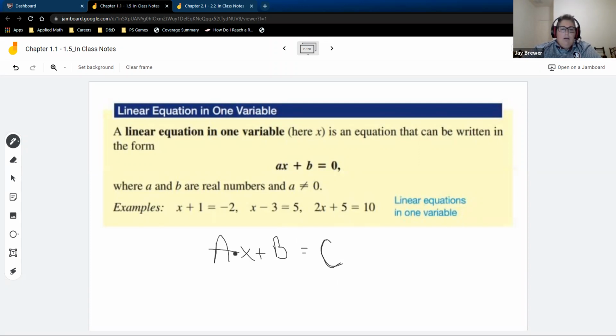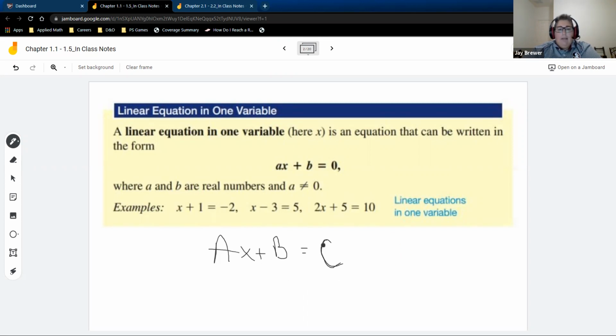So here, some folks might be a little bit confused as to why there's so many letters going on here, but A, B, and C are real numbers with A not being equal to 0. If A were 0, what would happen here is we would just have the statement B equals C, and that could be a true statement or that could be a false statement, and we'll talk about that a little bit later in the slides coming up.